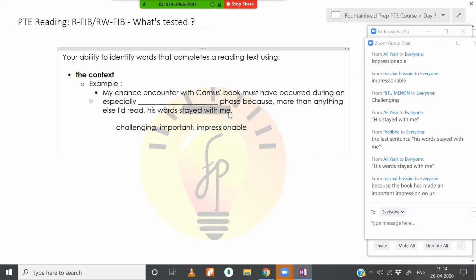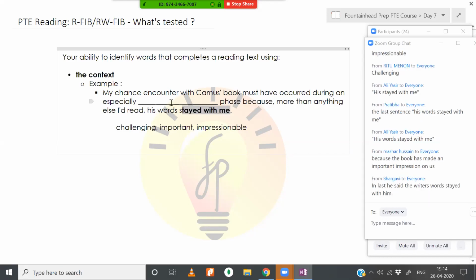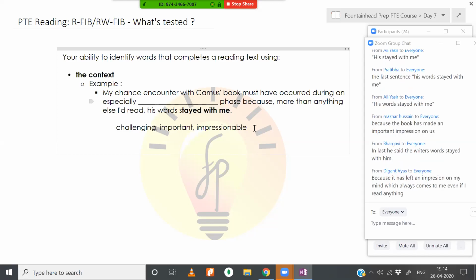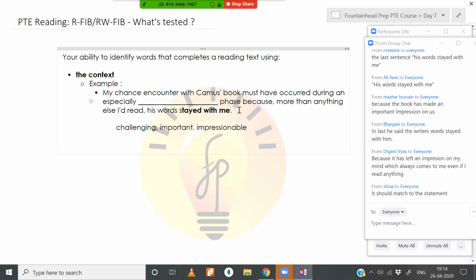It created an impression. That is why it's an impressionable phase. Understood? So it's very, very important that you read the sentence in its entirety, understand the context, and then fit the correct word into that blank.